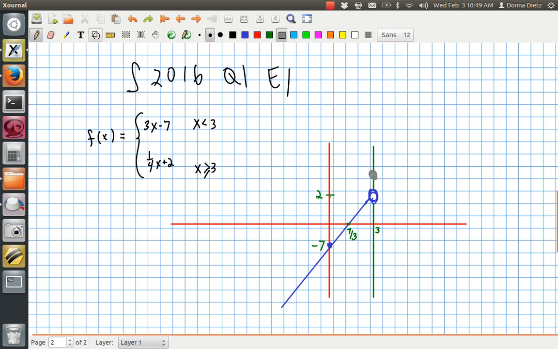And it's increasing, and so we can at least figure out where it is at 3. And so it's 3/4 plus 2, 2.75. So again, you can just mark this off here if you don't feel like labeling the point with ordered pairs. That's fine. And actually, for this example, we're pretty much done.